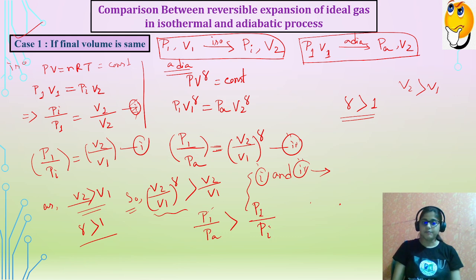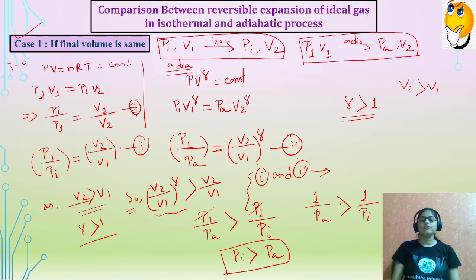Now P1 V1 will be cut down and 1 by Pa will be greater than 1 by Pi. Now from this we can write that Pi will be greater than Pa. So here the Pi, the final pressure of the isothermal case, is greater than the final pressure of adiabatic.